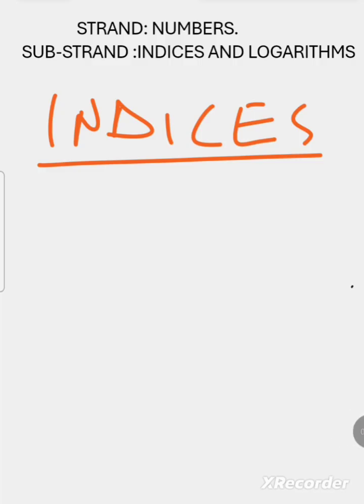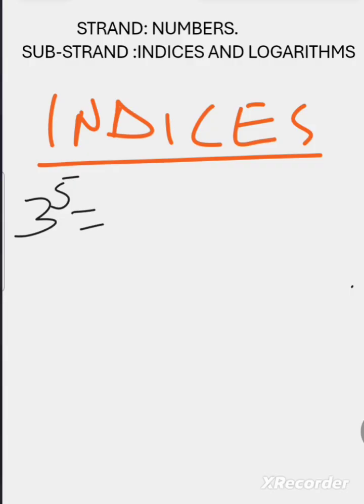When we talk of indices, I want us to look at this scenario. If you are given 3 power 5, then somebody may ask you, what do we mean by this statement? So 3 power 5 means it is 3 multiplied by itself 5 times.